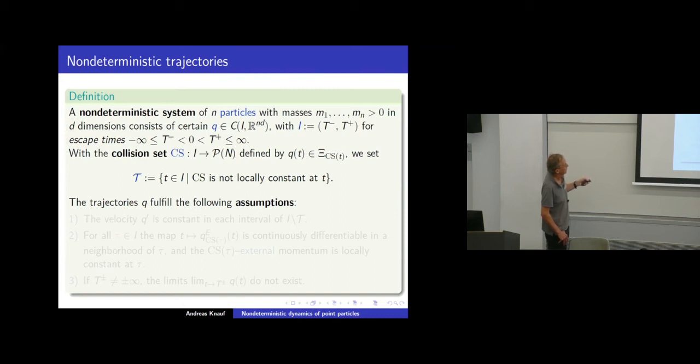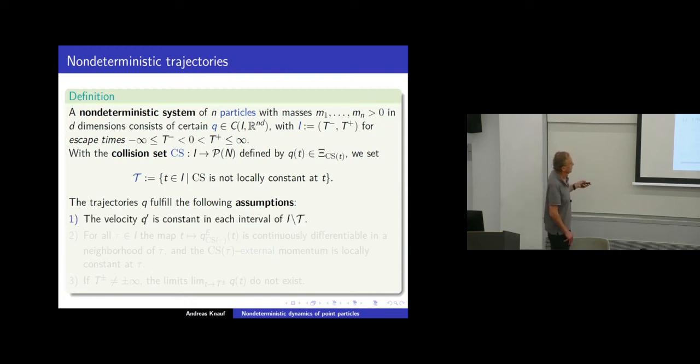Given a time T and a point Q of T, this is in exactly one of these parts of the set partition of your configuration space. So you get for every T such a set partition. If this set partition is locally constant, then you're not in this T. If it's not locally constant, then you're in this T. Yeah.